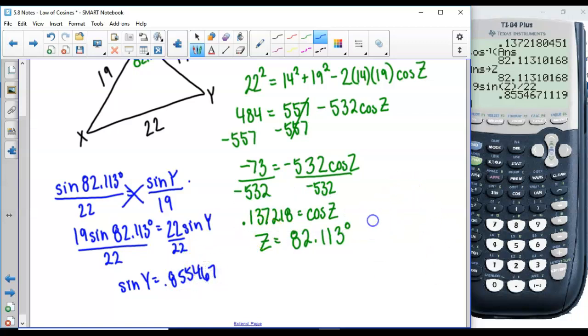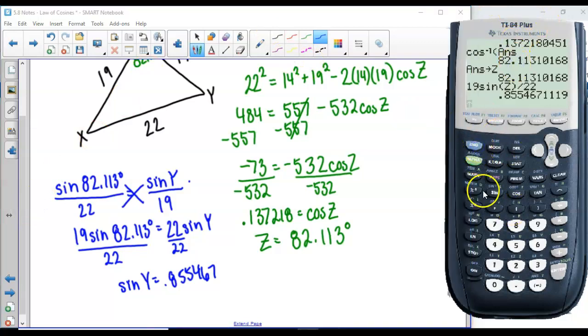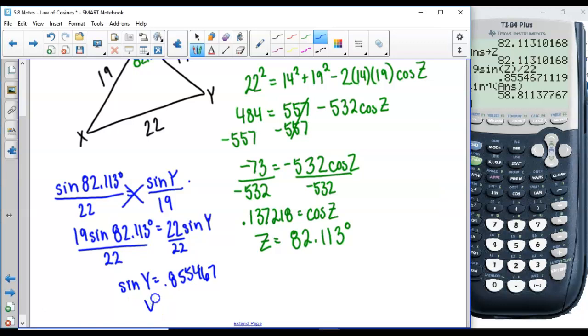And if I do sine inverse of that number, then I get that my y equals 58.811 degrees.